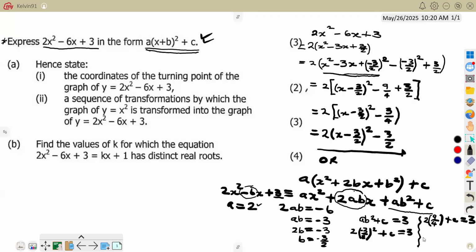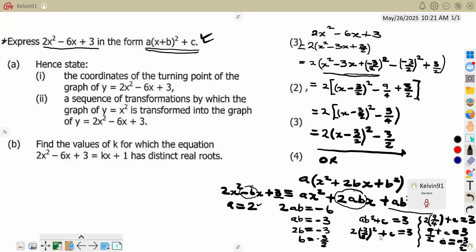Then if we simplify here, it becomes 9 over 2 plus c being equated to 3. Then we transpose the 9 over 2, leaving the c alone. So it will mean that the c here will be equal to 3 minus 9 over 2, which gives us minus 3 over 2.